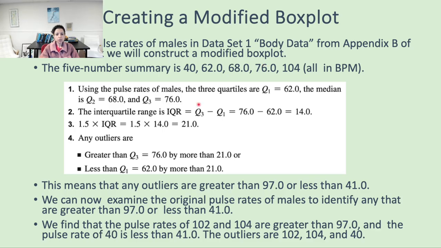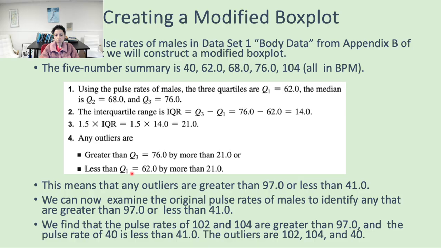So interquartile range is third quartile minus first. So 76 minus 62 is 14. That's the interquartile range. 1.5 times interquartile range is equal to 1.5 times 14, which is 21. So any outlier is going to be 21 points more than the third quartile, or 21 less than the first quartile.